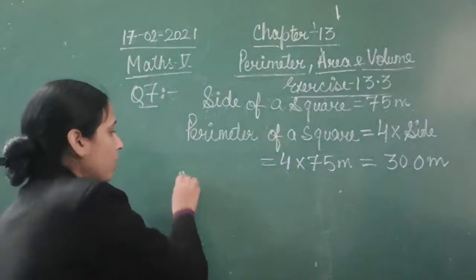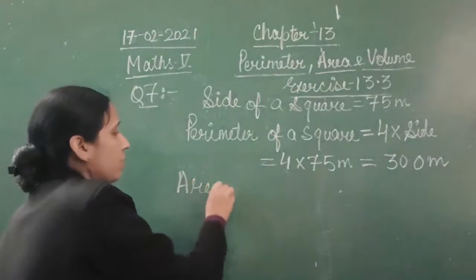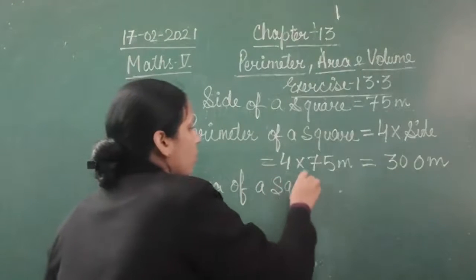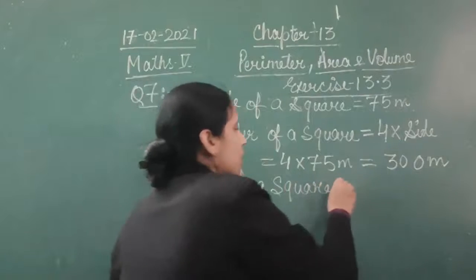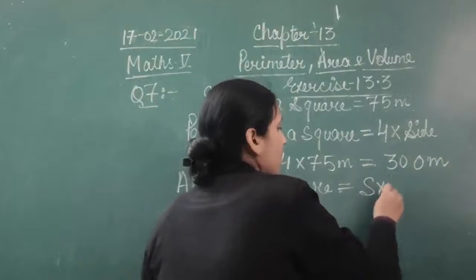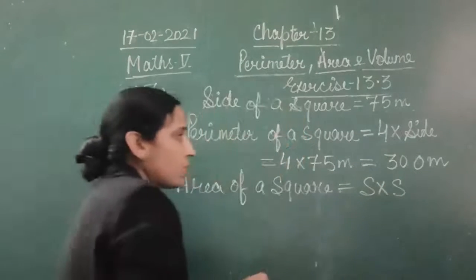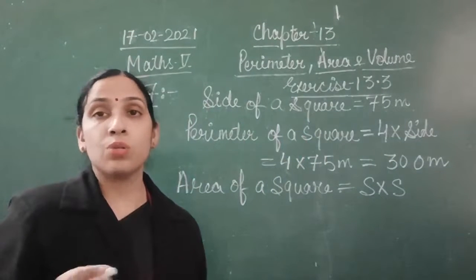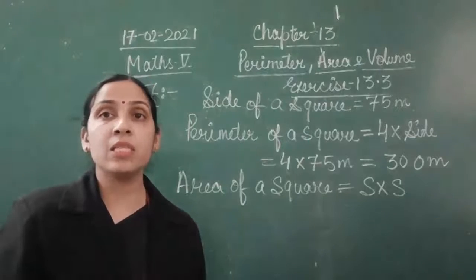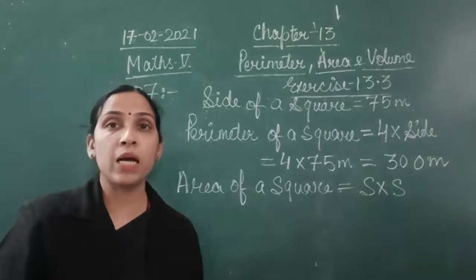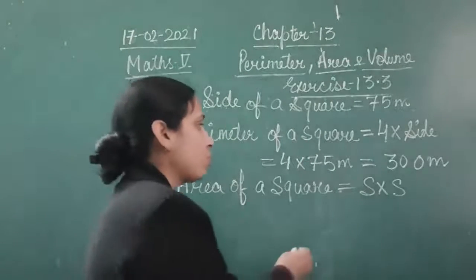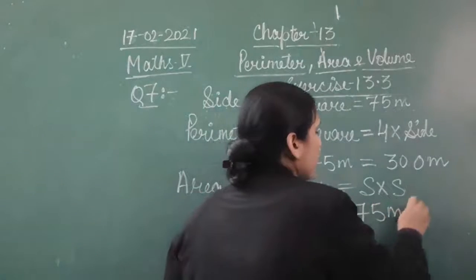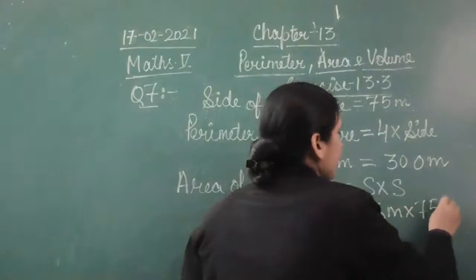After that, area of a square. What is the formula for this? That is side multiplied by side, because we know that in a square all the four sides are equal. So the formula will be S into S, the product of two sides of a square. So we will do 75 meter multiplied by 75 meter.